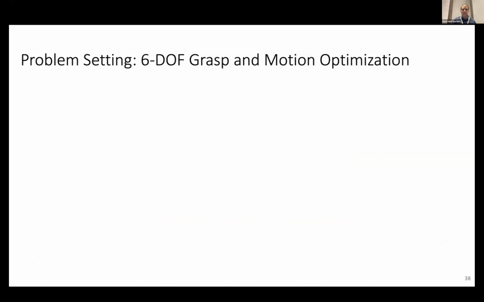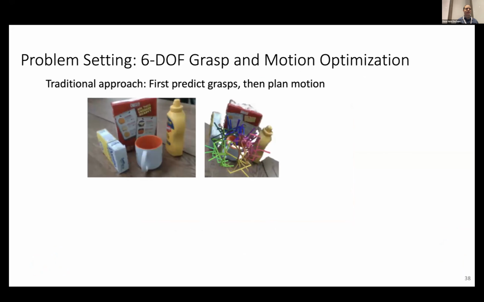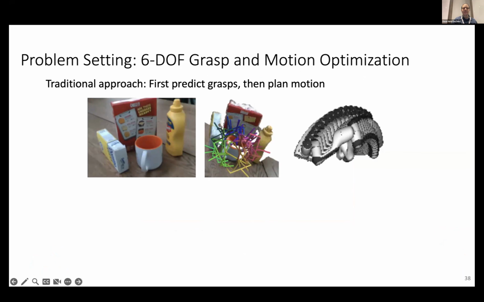Okay, so the basic problem setting here is we want to do joint six-DoF grasping and motion optimization. Traditionally, if you want to grasp an object, you would first observe the object, predict what grasps you want to execute, and then given those grasps, either one grasp or a set of grasps, you can plan a trajectory to those grasps.